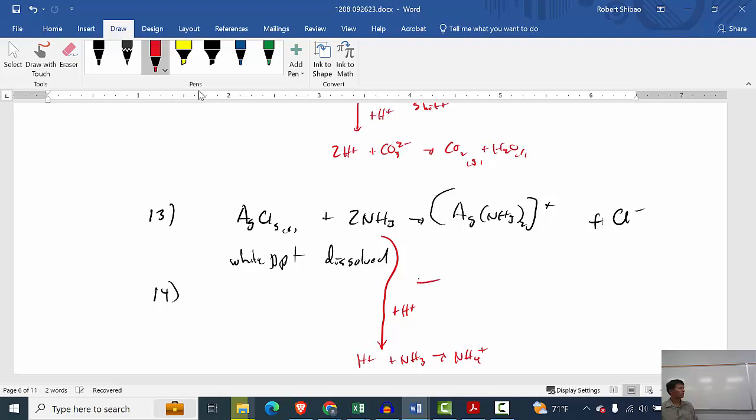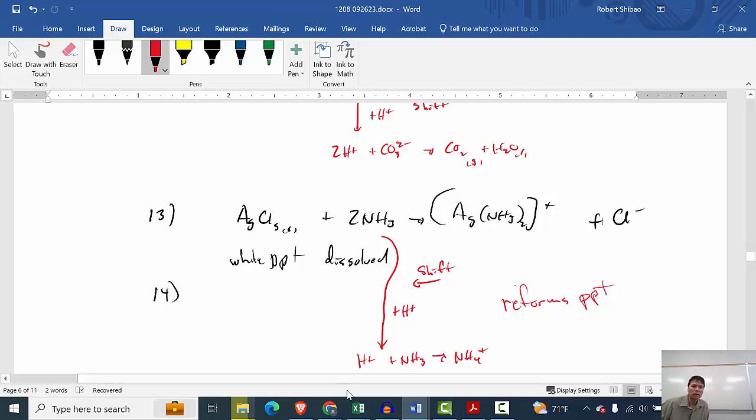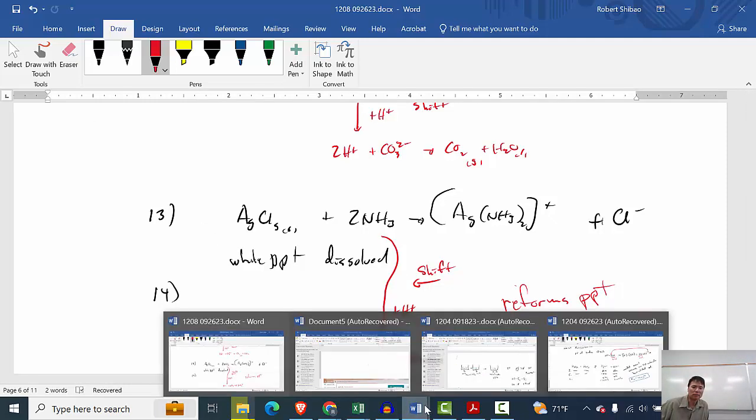So in number 14, we get a shift left, and we should reform the precipitate. So we're just going to shift this equilibrium back to the left, reforming the white precipitate, silver chloride.